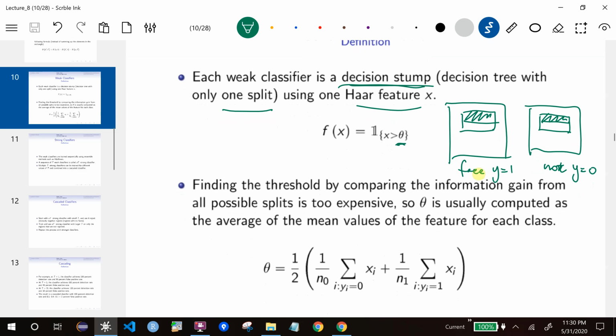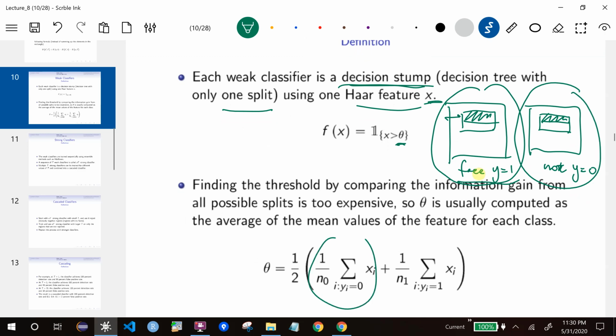I'm just going to take the average of that particular Haar feature over all face images, and also take the average over the non-faces, so these two values, and then we take the average of these two. So we just want the midpoint between the two average values. It's definitely not clear why this works, but it seems reasonable.